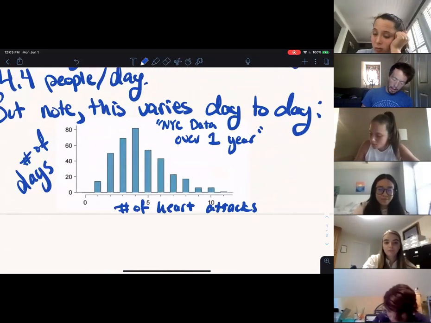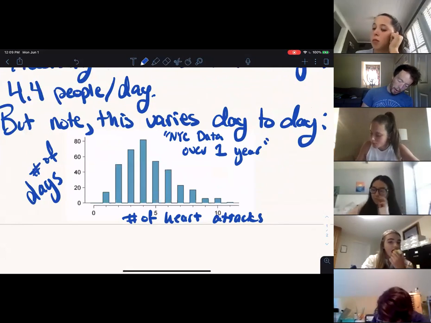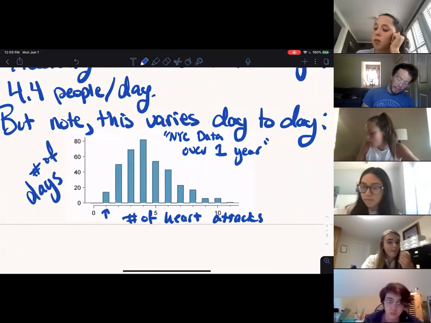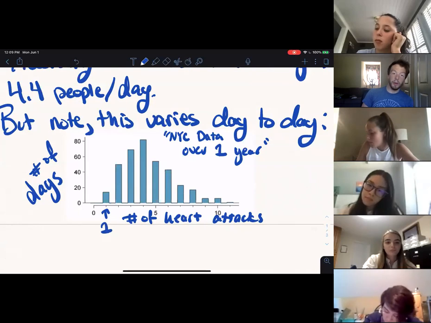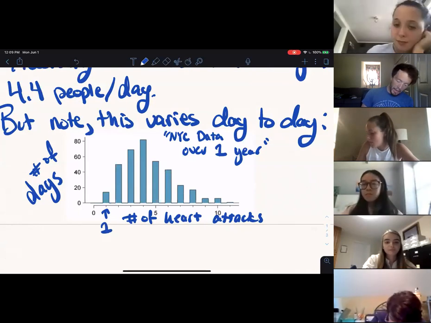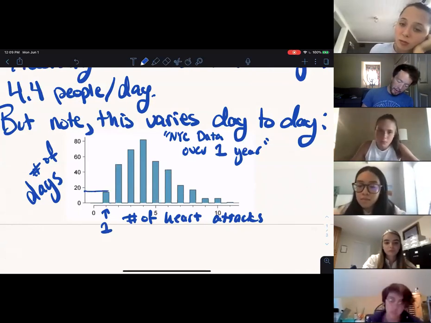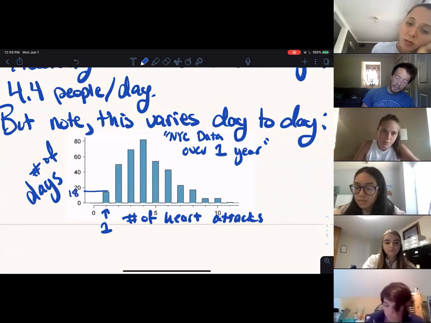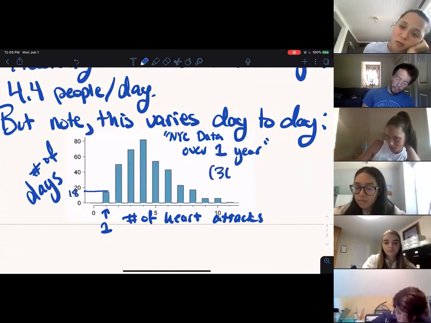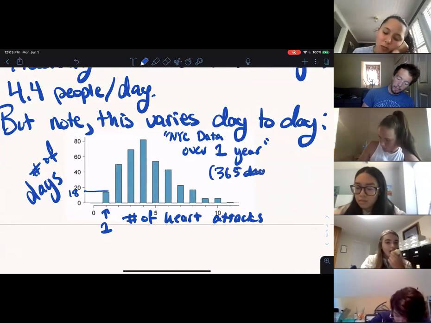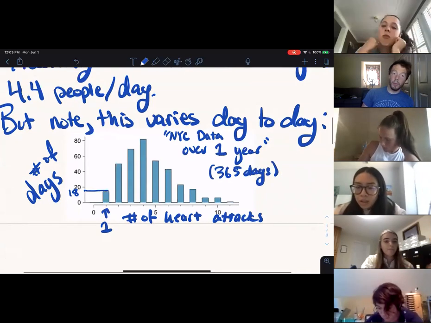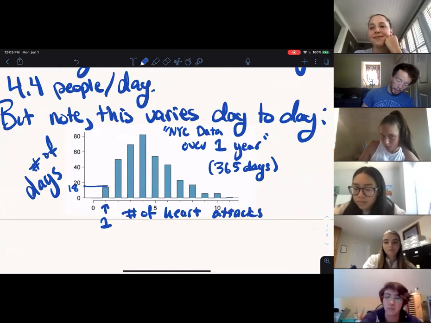How many days were there where only one heart attack was observed? It looks like maybe around 18 days. So 18 of the 365 days in the year, only one person was hospitalized for a heart attack.